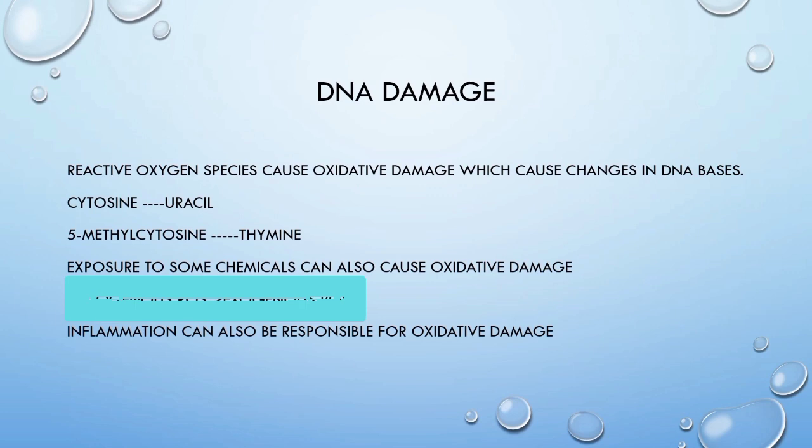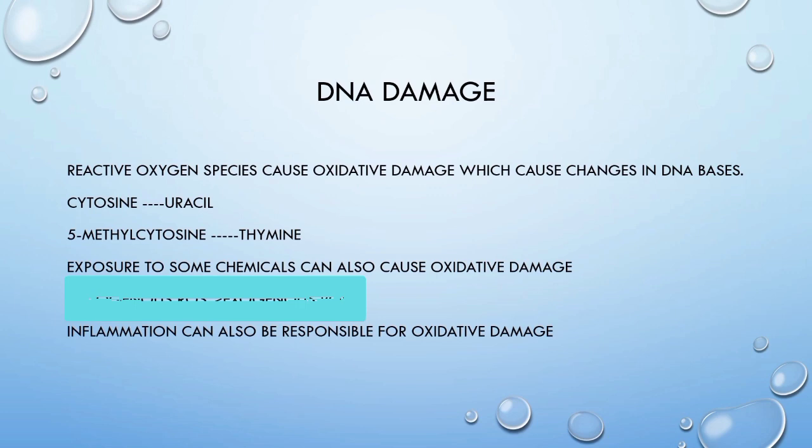But mitochondrial DNA is more exposed to, or more easily affected by, these ROS because it lacks histones, they don't have histones surrounding them, and also it is in close proximity to the site of production. I said not too long ago that ROS is produced by the mitochondria in normal metabolism, and we have mitochondrial DNA, so they can easily interact with this DNA when they are not easily removed from the body.